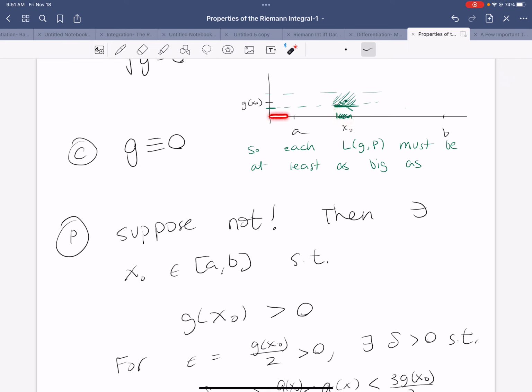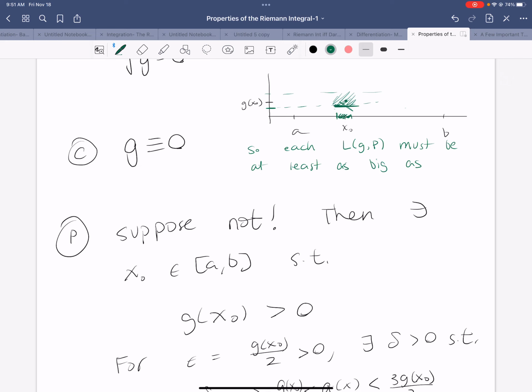So even if G is 0 all the way here and then suddenly skips to here or something like that and then goes back to being 0, regardless of how my partition is defined, there's going to be the subinterval or the subintervals that include this little delta interval. Their inf has to be bigger than or equal to G of X naught over 2, right?